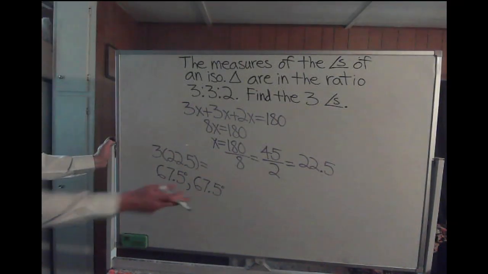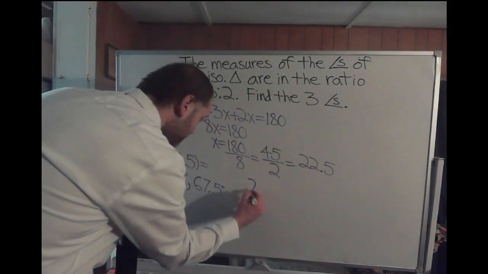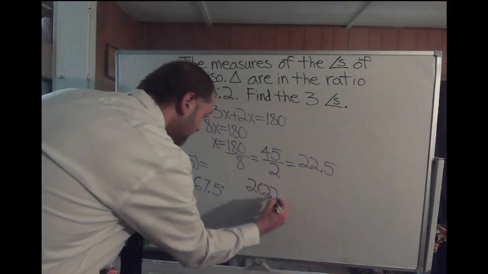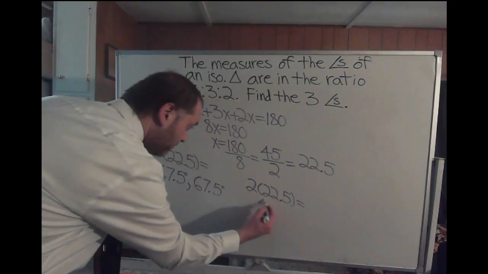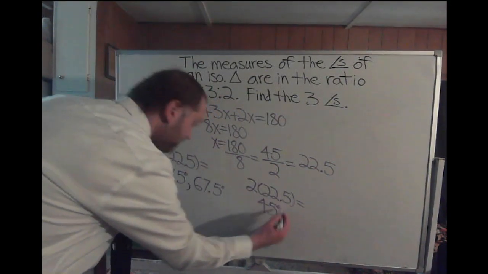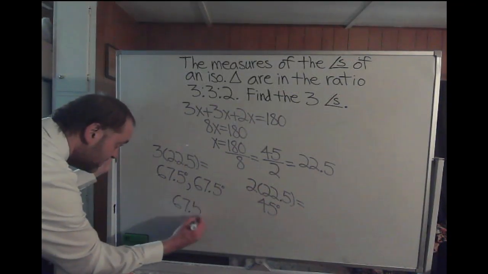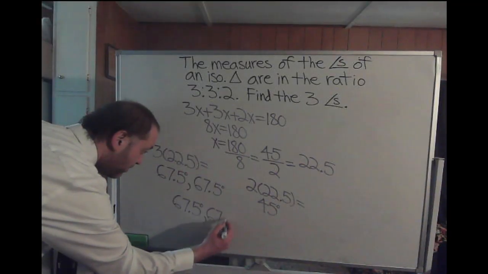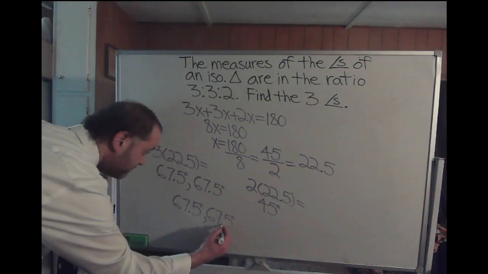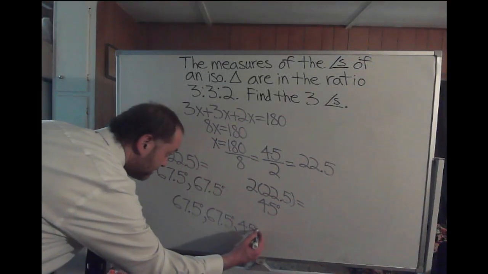You would have two 67.5 degree angles. Then you'll just take 2 times 22.5, which should give you 45 degrees. So the values of the three angles you're looking for are going to be 67.5 degrees, 67.5 degrees, and then 45 degrees.